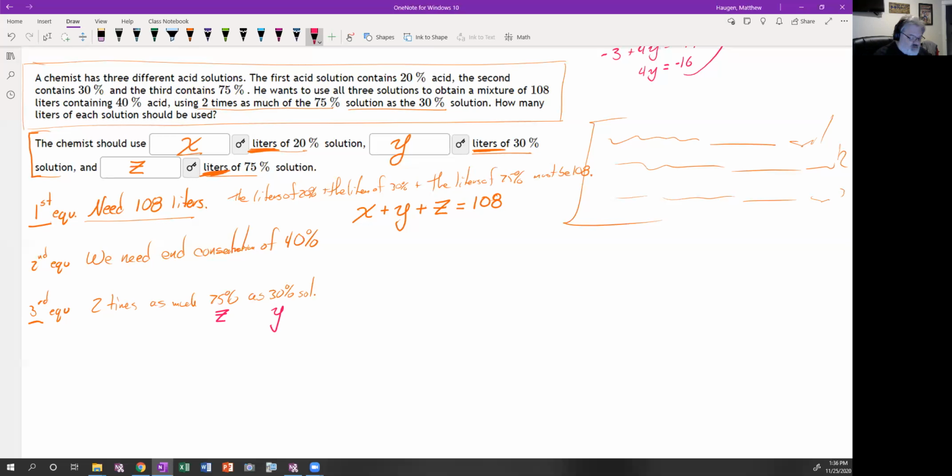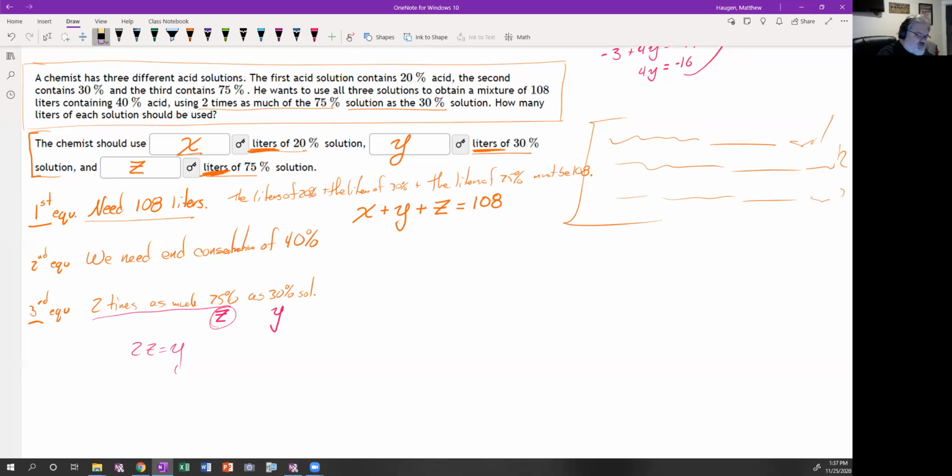People often want this to be 2Z equals Y. Now, do you think that's right or do you think that's wrong? Wrong. Why is that? There should be twice as much Z as Y. Yeah. If there are 2 times as much Z, then to make them equal, which one do we have to multiply by 2? Y. We got to multiply Y by 2.